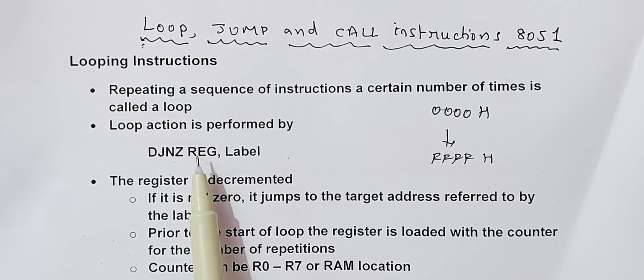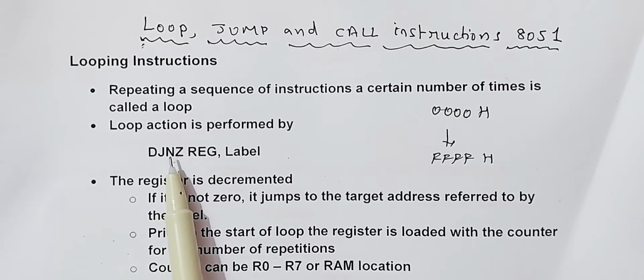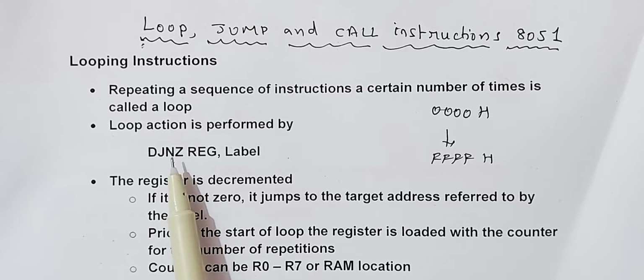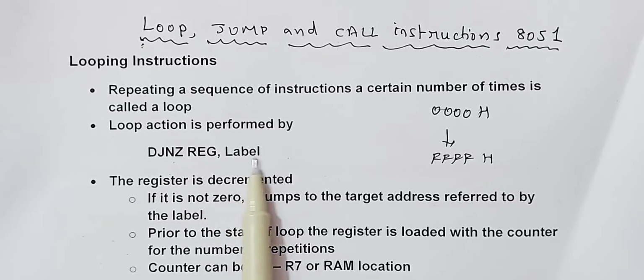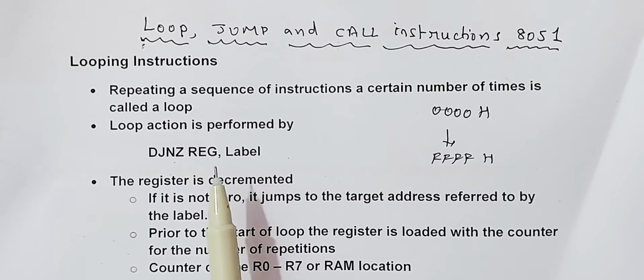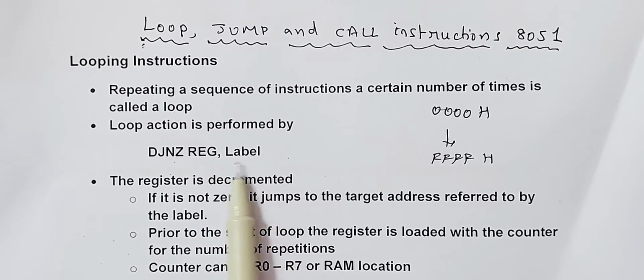If the value of the register after decreasing by 1 is not 0, then you jump, because this is decrement and jump if not zero. It will jump to the address specified by the label. Where it has to jump is specified by the label.